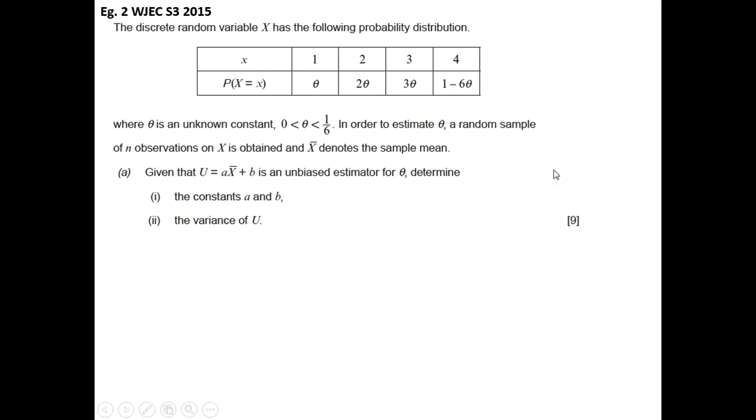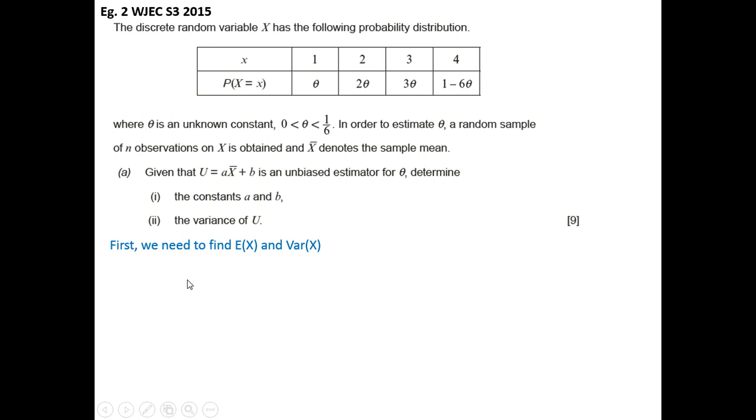In order to estimate theta, a random sample of n observations on x is obtained, and x bar denotes the sample mean of this random sample. Given that u, which is a times x bar plus b, is an unbiased estimator for theta, determine the constants a and b and then the variance of u.